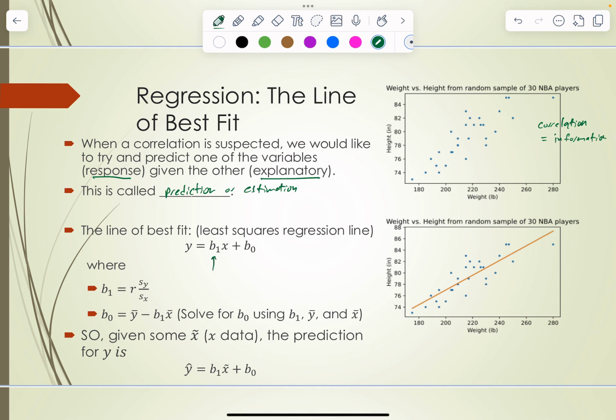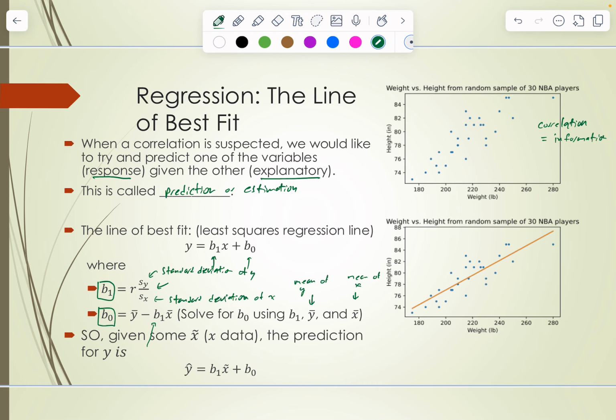Here B1 is my slope, and B0 is my intercept. The slope of the regression line is r times the standard deviation of y over the standard deviation of x, and that's your B1. Once you have B1, you compute the mean of y and the mean of x. Once you do that, you can then form your intercept, which is B0.